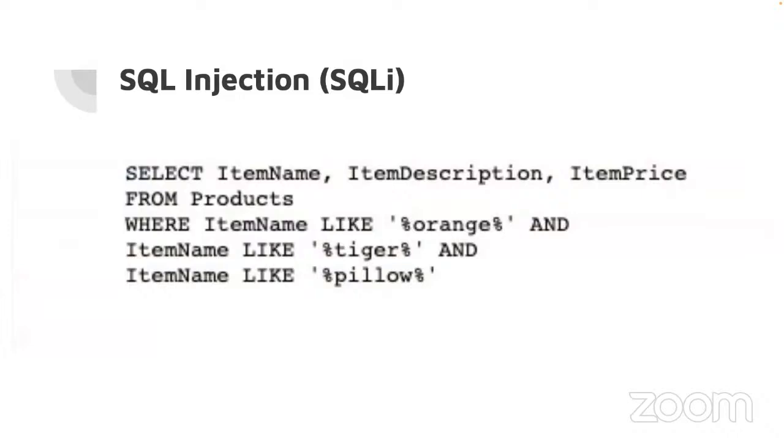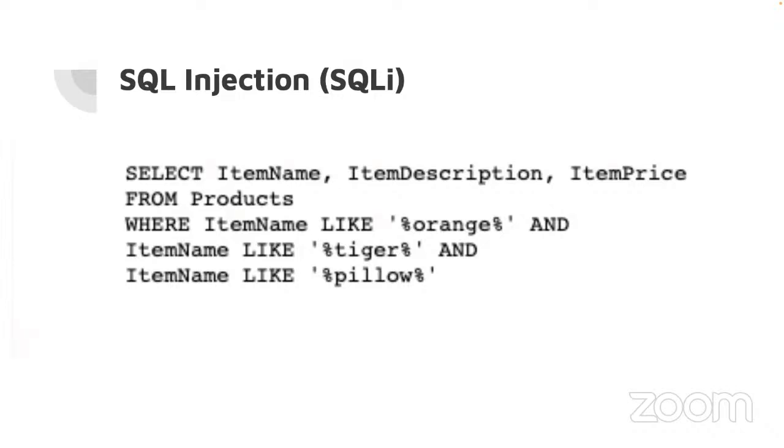Now, SQL injection, or as we say it in the industry, SQLI. Web applications often receive input from users to compose a database query that provides results that are returned to the user.